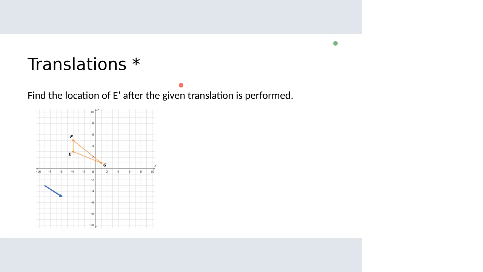And what we're after here is, where would E go if we did the translation that we were given? I'll give you another 30 seconds on this, and then we'll talk about it.